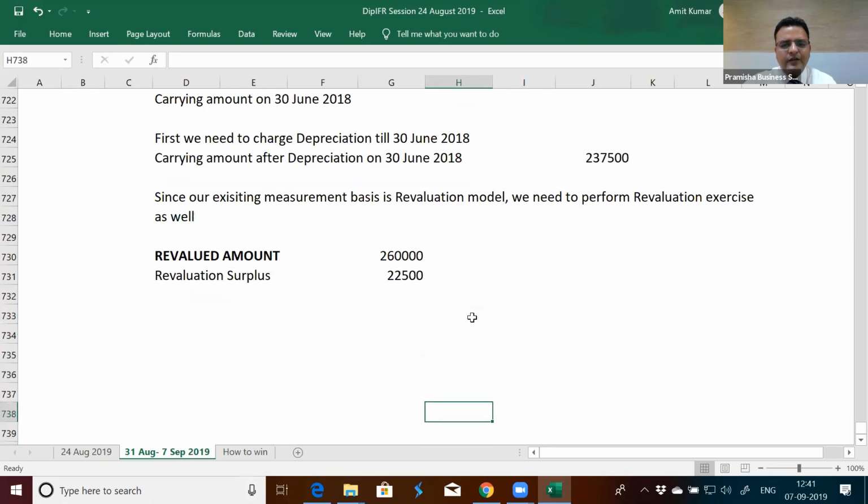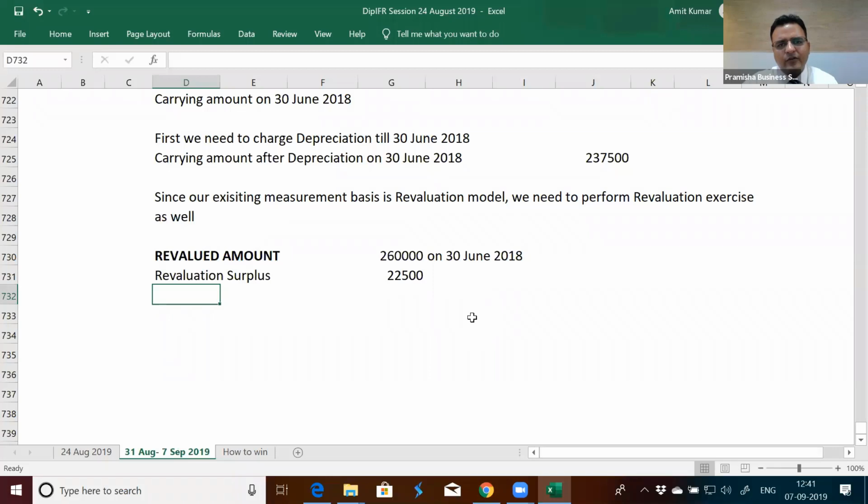Now, do we have the carrying amount on existing measurement basis? Carrying amount on existing measurement basis on 30th June 2018 now is 2,60,000. So the next step of classification comes after it.